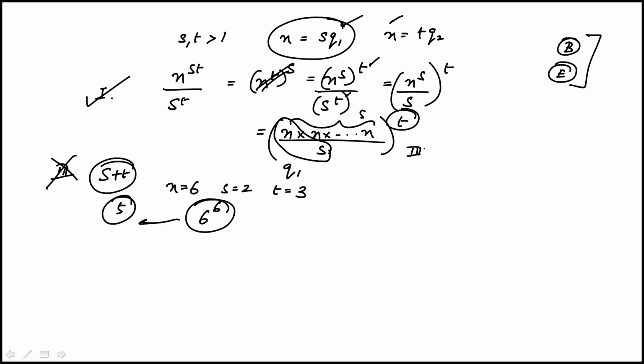Now finally, the second one, which is the hard one, is n to the power of st over s squared t squared.